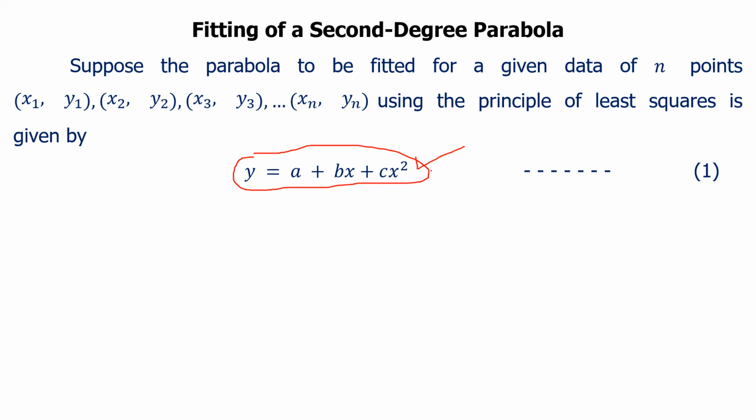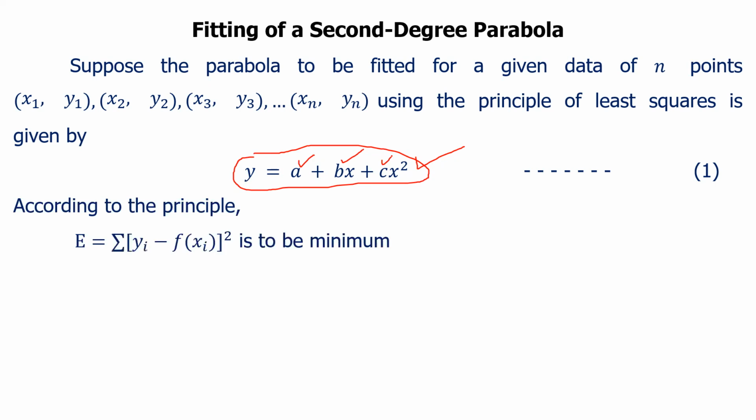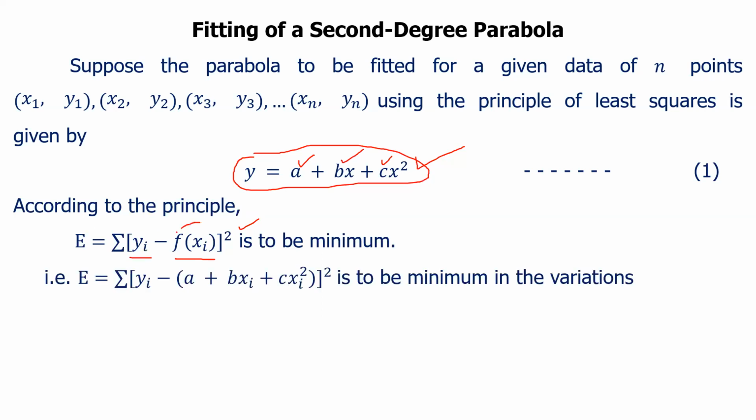Now here there are three unknown quantities, a, b, and c. So according to the principle, what is our aim? Our aim is to minimize the sum of yi minus f of xi whole square. It means that E is equal to, what is the value of f of xi?